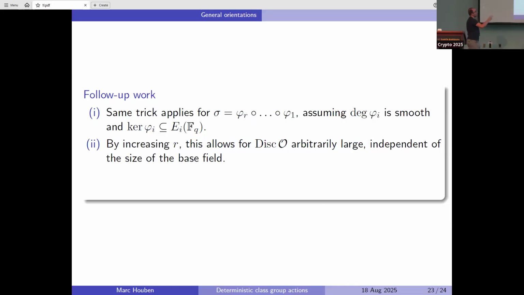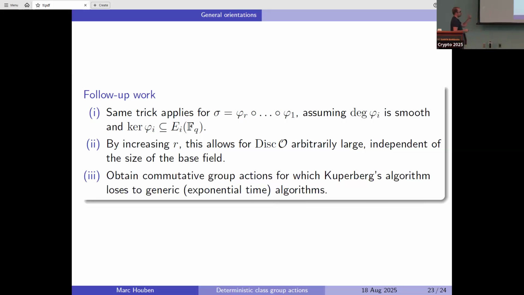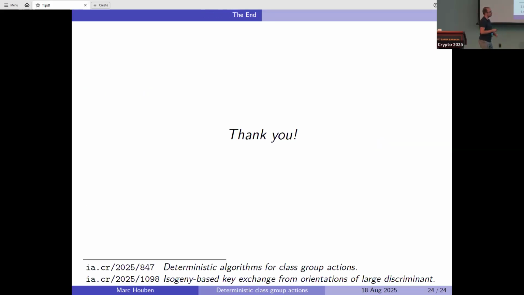And if you increase the number of isogenies, you actually get a discriminant which is arbitrarily large, independent of the size of the base field. So this in particular gives you a CSIDH variant where this subexponential time attack is no longer relevant, in the sense that it's weaker than the exponential time algorithm. Okay, so that's it.